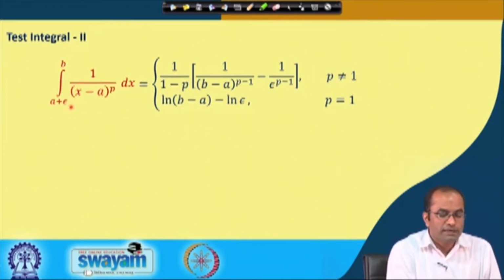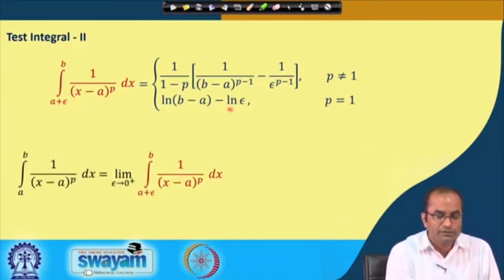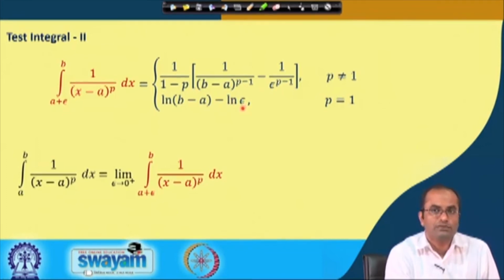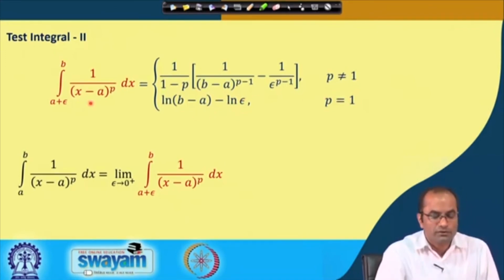It is clear that when epsilon goes to 0, you have minus ln epsilon, and epsilon is going to 0, so this will become infinity. So, for p equal to 1, this integral is not converging.